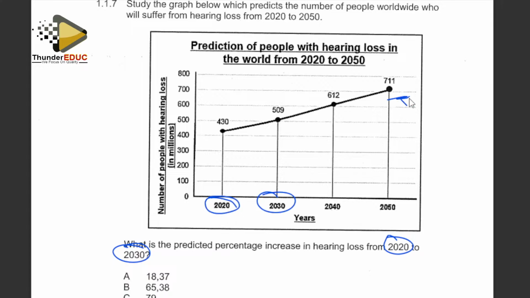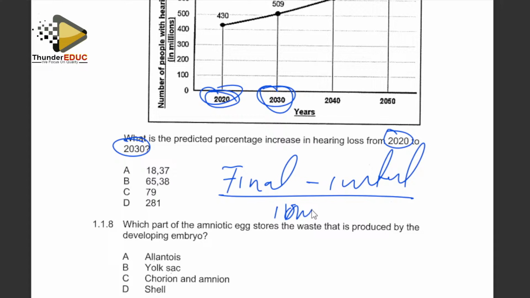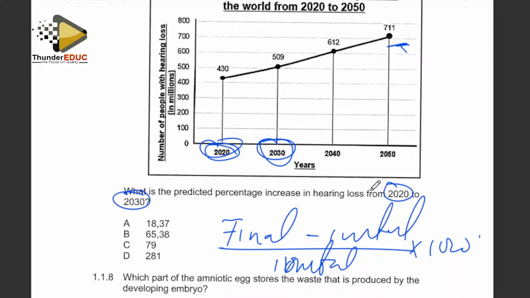They didn't ask you this, they said from here to here. Remember, percentage increase, we say it is final minus initial over initial times 100. And you also say that it can even be more than 100%.